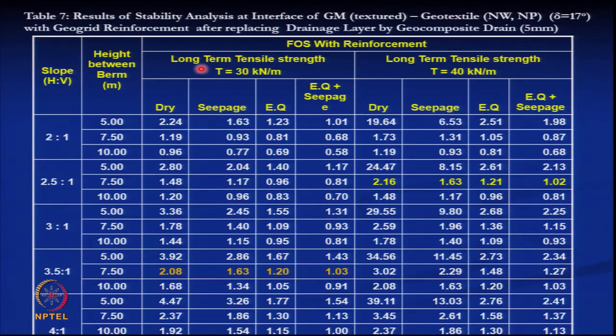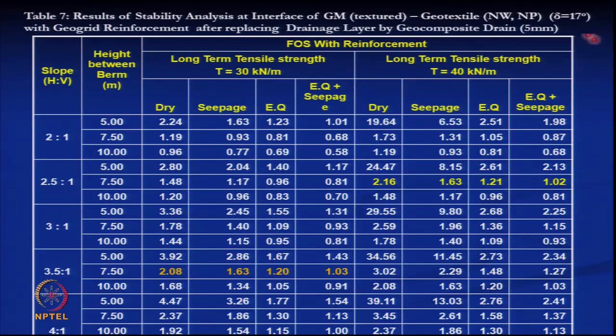There is a geotextile, a geogrid of 30 kilonewton per meter and 40. So 2:1, and I find 5 meters is too small. So the client was more interested in having a height between berms of 7.5. I'm going to look at the solution. My dry was 1.19. Why?